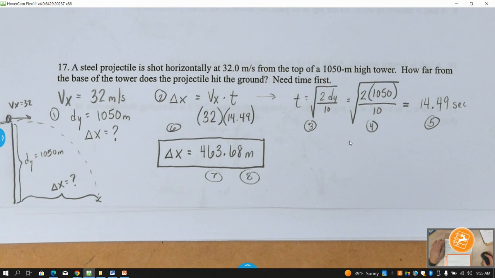So I do want to show, we can do either 18 or 19. Which one would you guys rather do? Yep. They're pretty much the exact same. Do 18. We'll do 18. Okay.